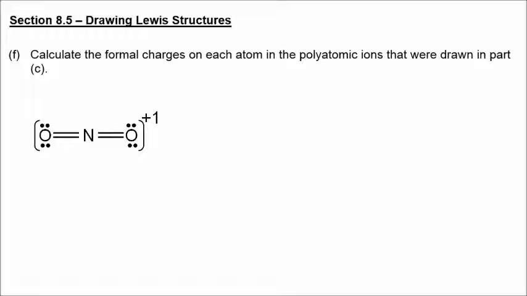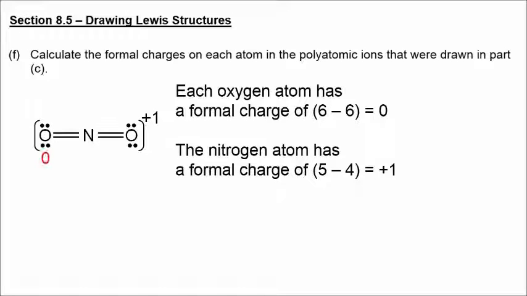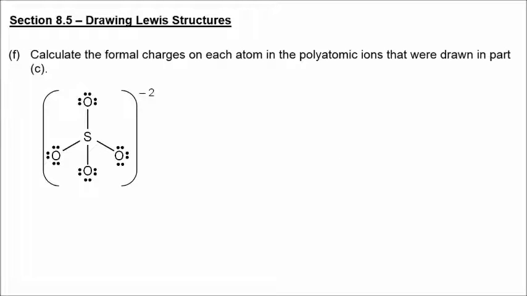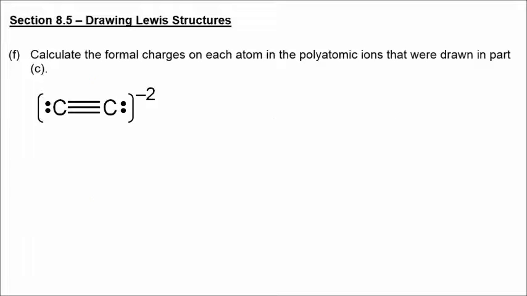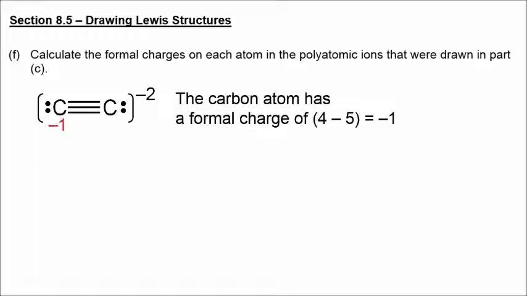With this next polyatomic ion, NO2+, the 2 oxygens are 0, and the central nitrogen atom is positive 1. For the sulfate, each oxygen is negative 1, and the sulfur is positive 2. For the carbide ion, C2 2-, we end up with each carbon having a formal charge of negative 1.